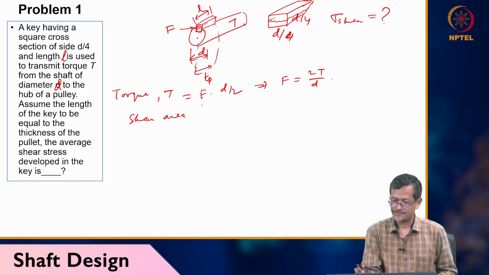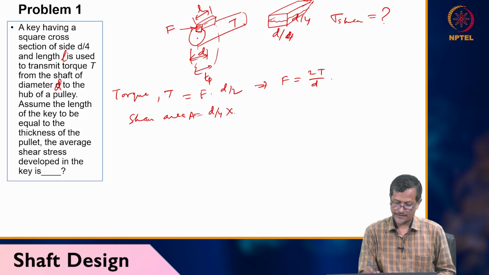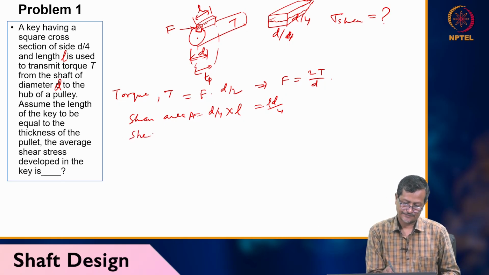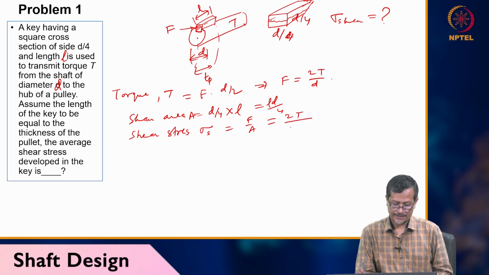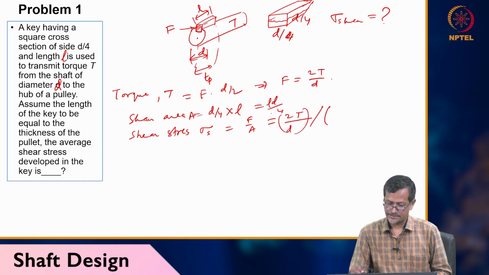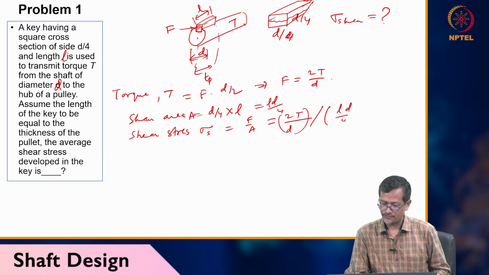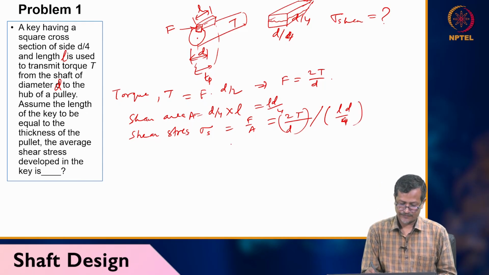So shear area equals d by 4 into the length of this key L, so Ld by 4. Now shear stress sigma S equals F by A, equals 2T by D, the F value, divided by the A value already calculated, Ld by 4. So this gives 8T by Ld square.